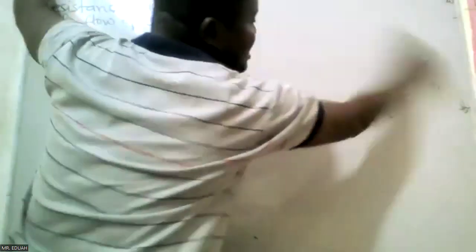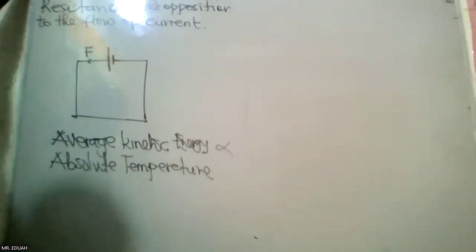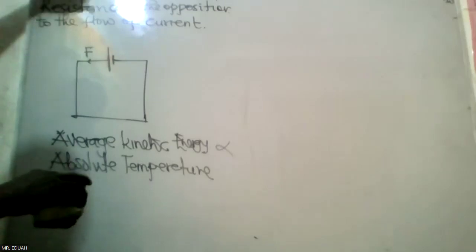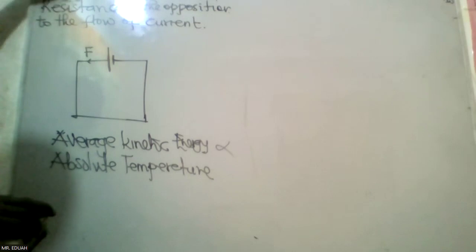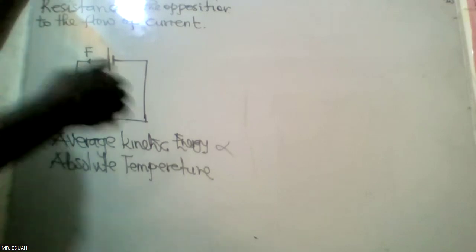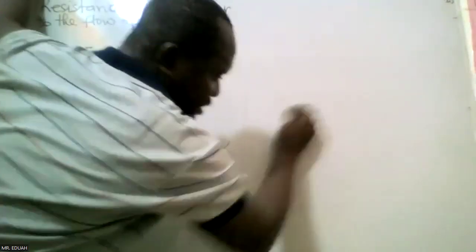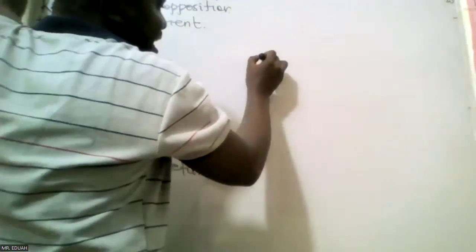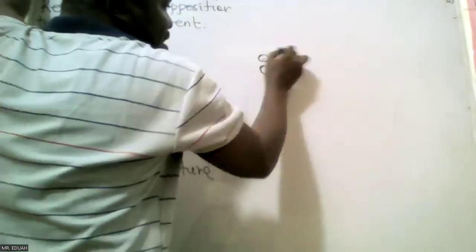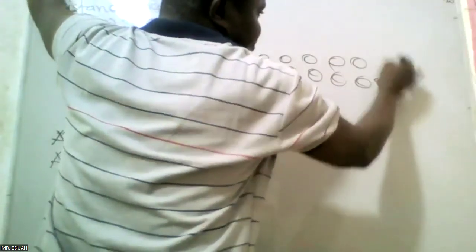So what happens is that the moment the field is introduced, particles begin to vibrate as a result of the force. Then we have the atoms of the conductor.